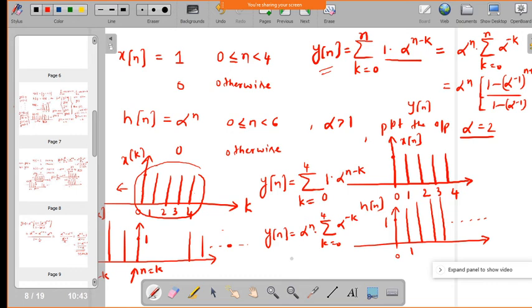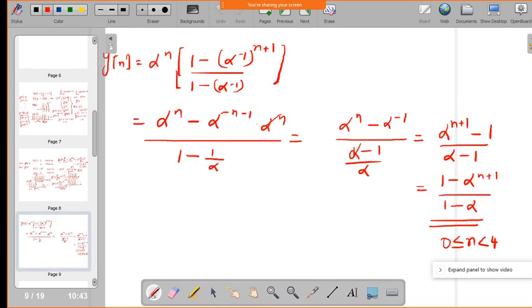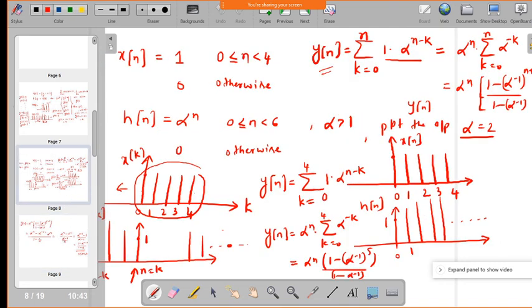You know this expression already, so it will be alpha power n into 1 minus alpha power minus 1 power 5, because 4 plus 1 becomes 5, divided by 1 minus alpha power minus 1. Similarly to the calculations we did earlier, you can do them here also to get the final equation.